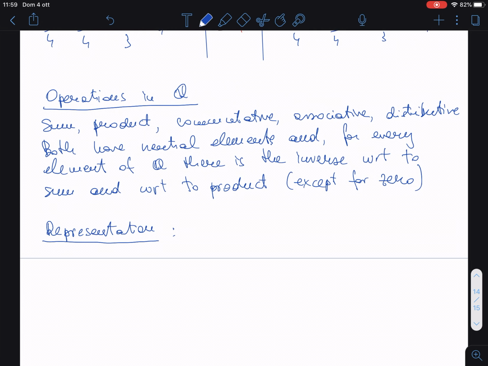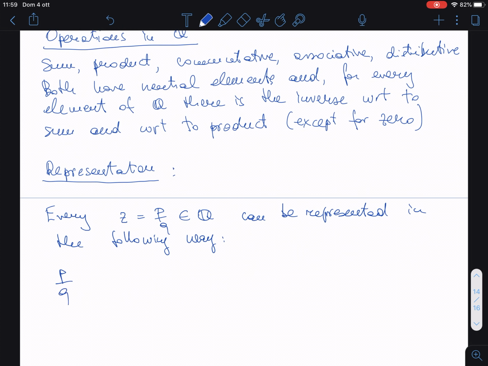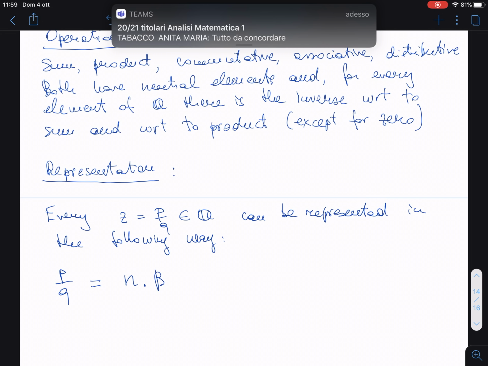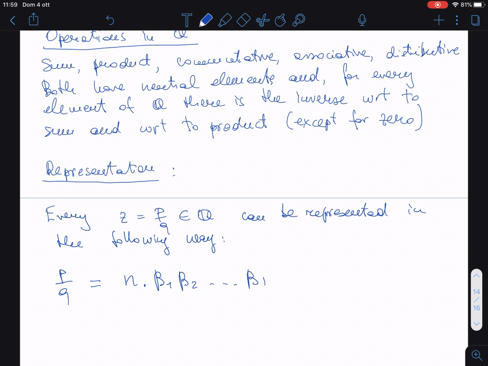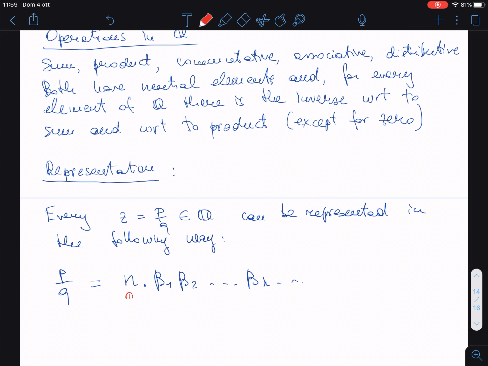It is well known that every rational number z equal to p over q can be represented in the following way: p over q is equal to a certain n, which is an integer, and then there is a dot, beta 1, beta 2, beta k, and so on and so on. n is a natural number, or better, an integer, and it is not really the integer part.